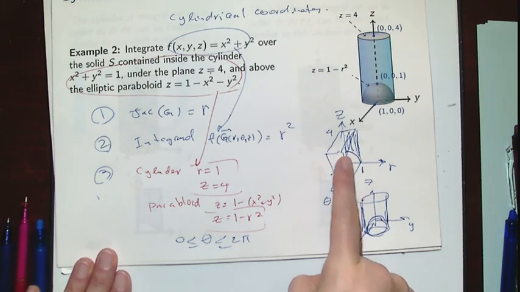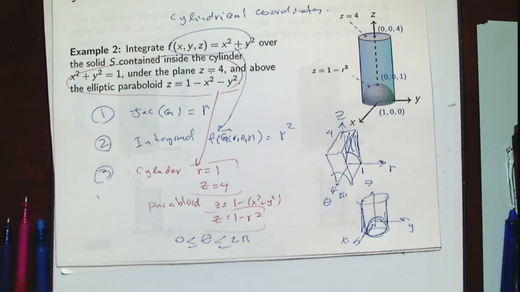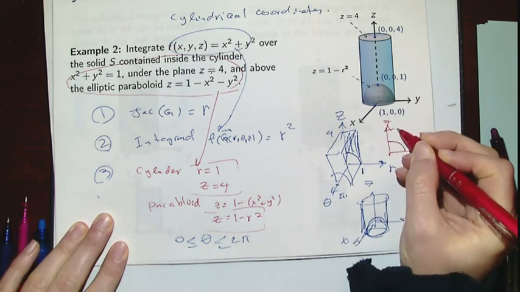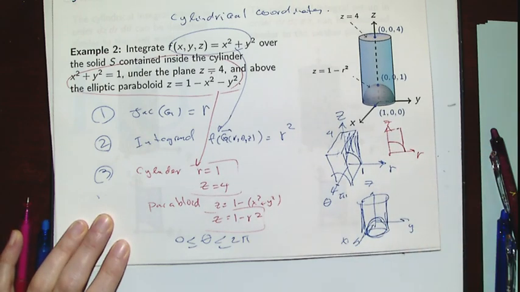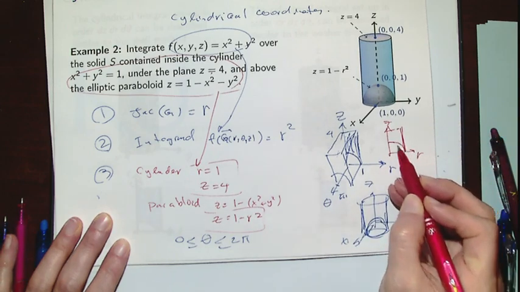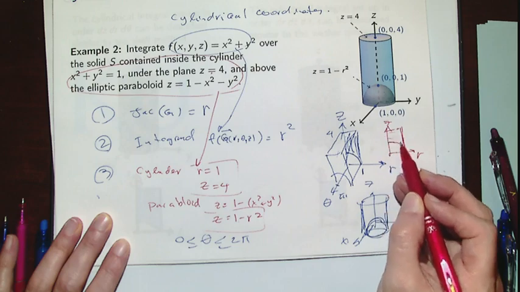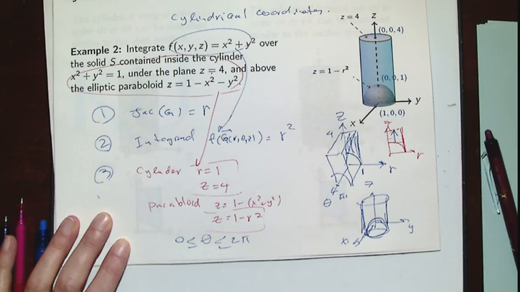I'm going to use that to set up my bounds. So now you tell me, in the RZ plane, is this R simple or Z simple? Does everybody see it's Z simple? It is Z simple. You can see it's not simple going this way, but going upward, it's simple.